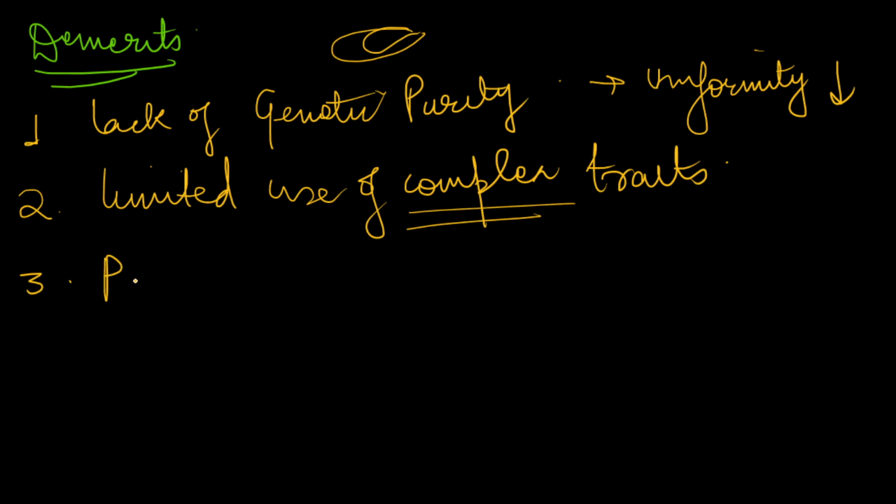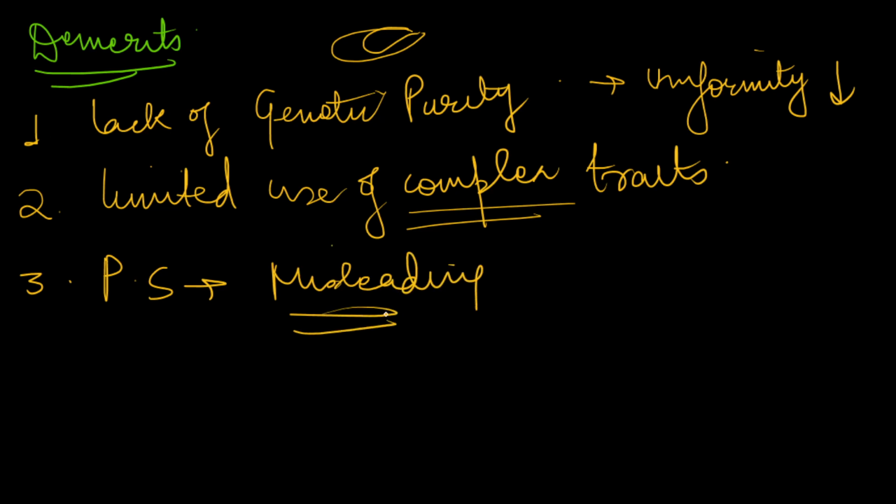How can it be misleading? Because sometimes appearance doesn't reflect that the genetic potential is high. There are chances that the phenotypic performance of a certain crop is high, but in future generations the genetic performance could be very bad. So selection on phenotypic characters is always risky.